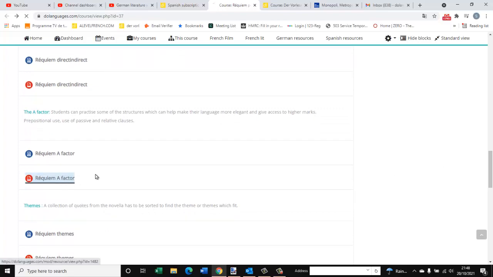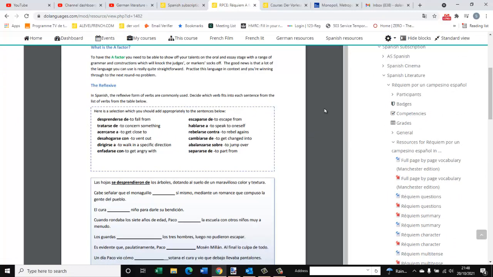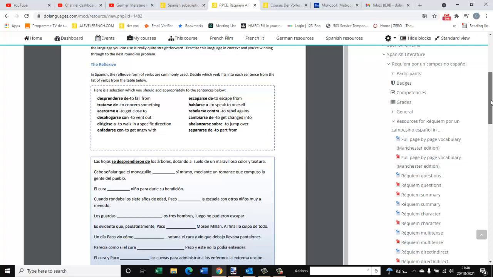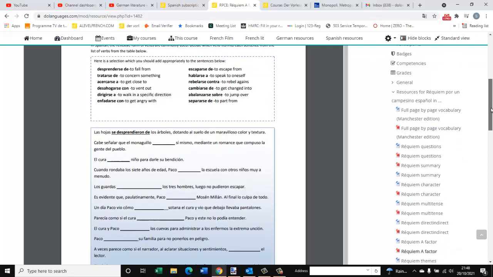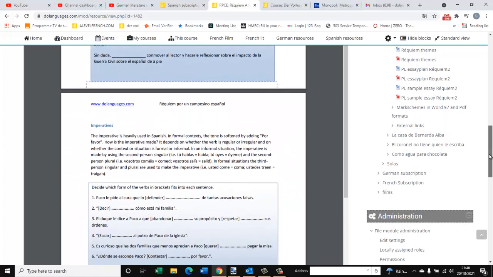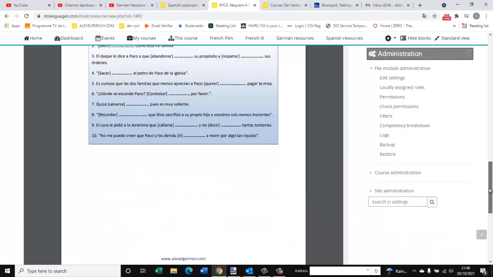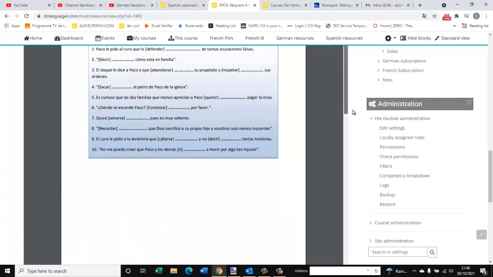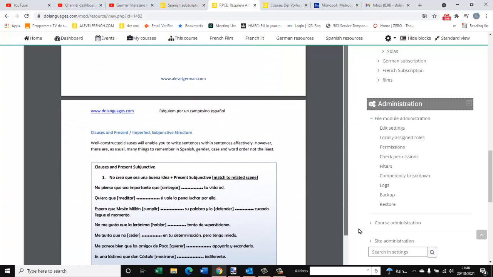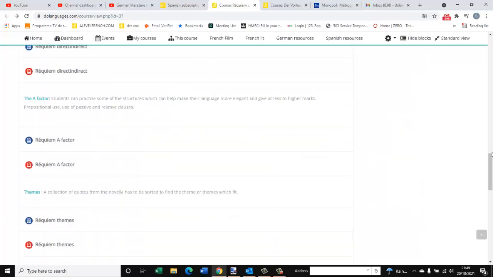The A factor is also looking at different types of good quality language. So you've got the reflexive there, which is so well used in Spanish, and then the imperative, followed by the subjunctives, and all the sentences there are put into the context of the novel.